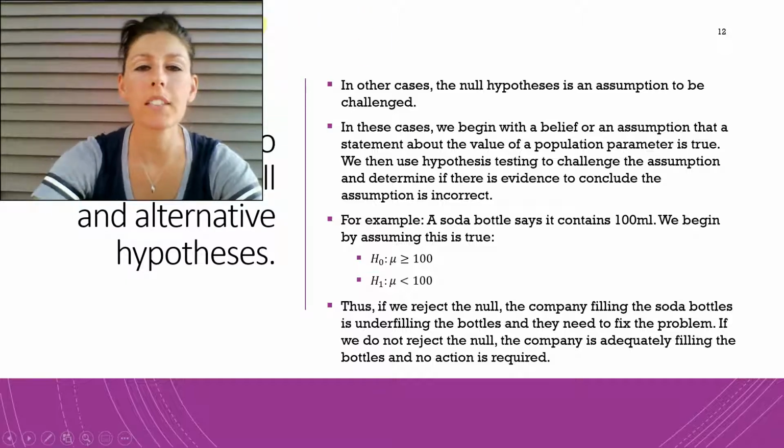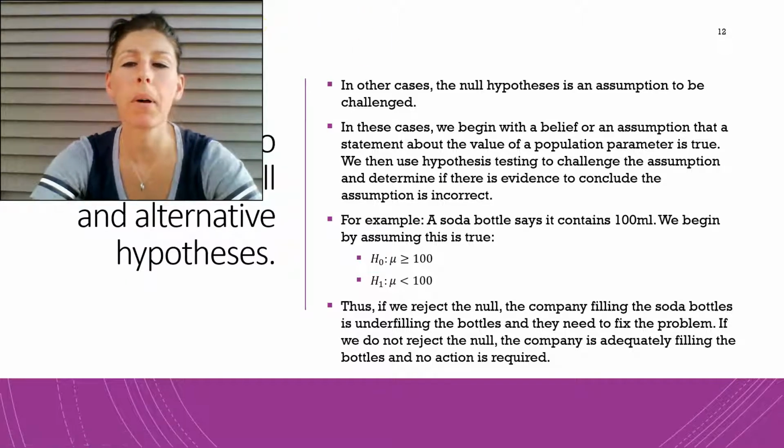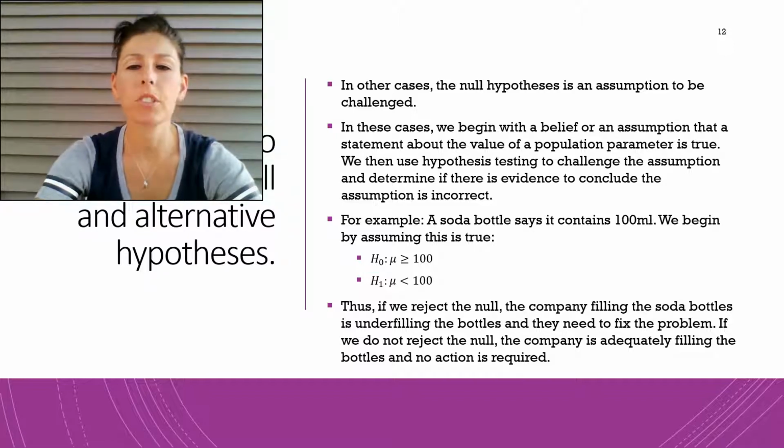So in the second scenario, sometimes the null hypothesis is an assumption to be challenged. Sometimes these are cases where we're looking at production processes. In these cases, we begin with a belief or an assumption that a statement about the value of a population parameter is true.